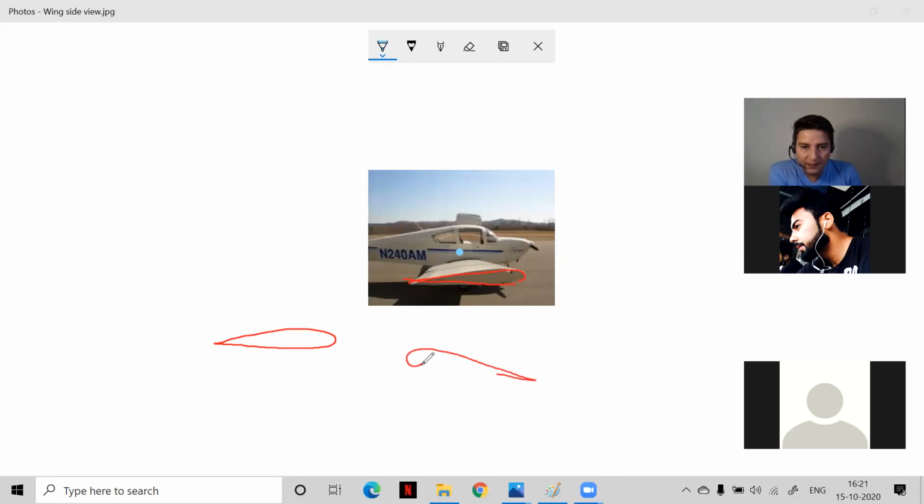I can also draw a shape like this, which is the other side. So whenever I draw this shape, you should know that this is a wing. Fair enough? Yes. Okay. So now I'll go back to the menu.